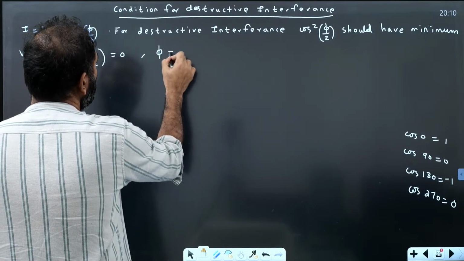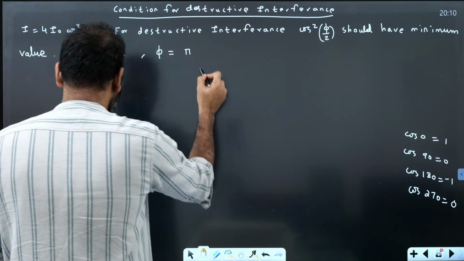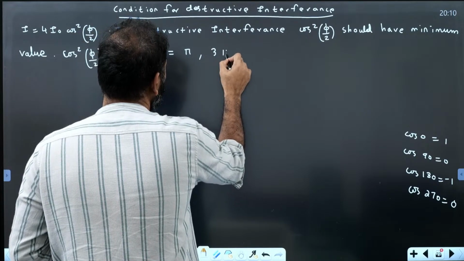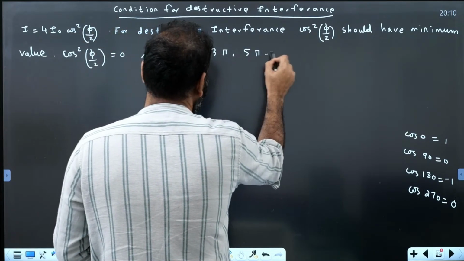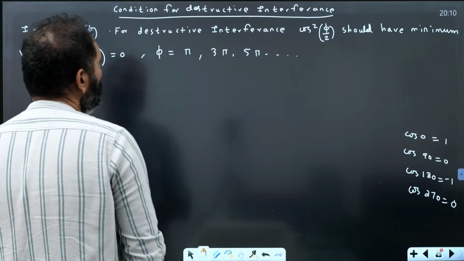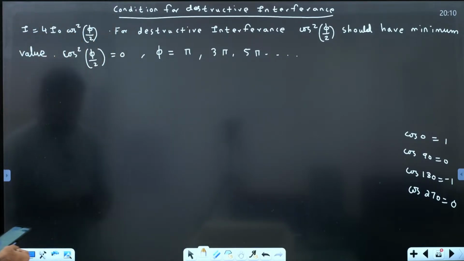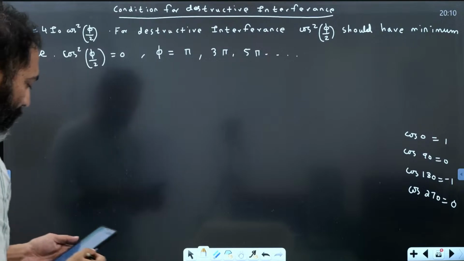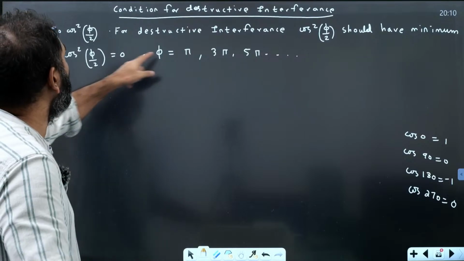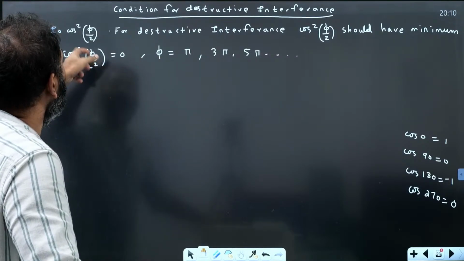That is, phase difference should be pi, 3 pi, 5 pi, etc. Why am I saying 3 pi, 5 pi, etc.? Because if you substitute phi as pi, what is cos square pi/2?